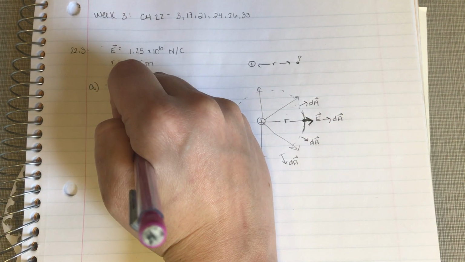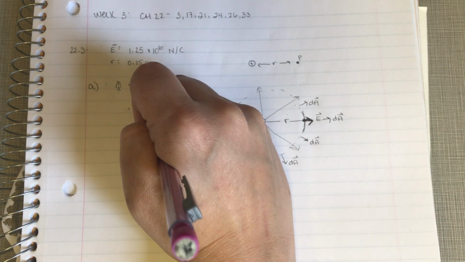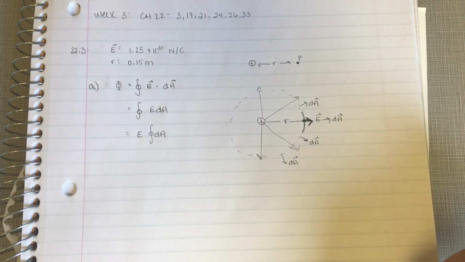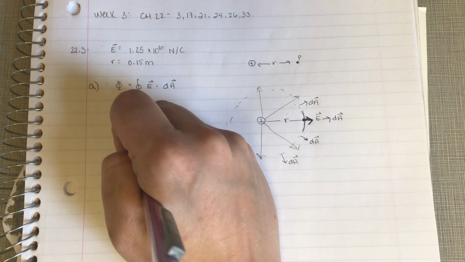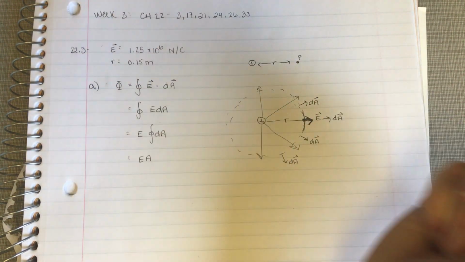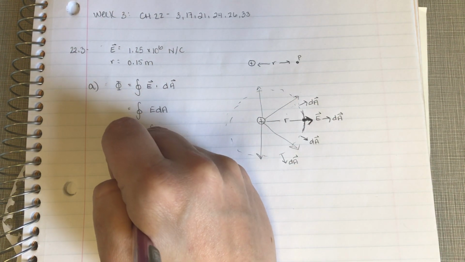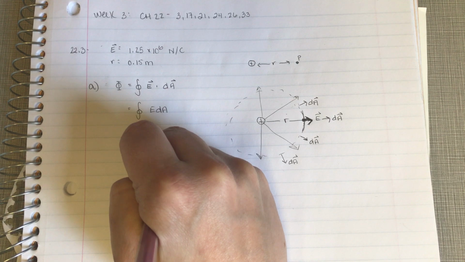So we can pull E out of our integral. We just get the integral of dA, which all by its lonesome is just A. E times A, where A is that of a sphere, which is 4 pi r squared.